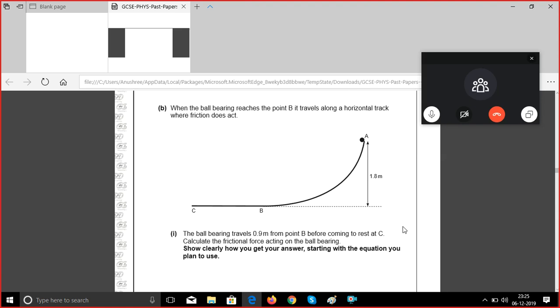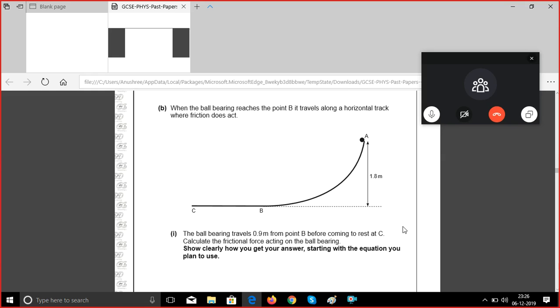So we need to work out the frictional force. To do that, we do work done.